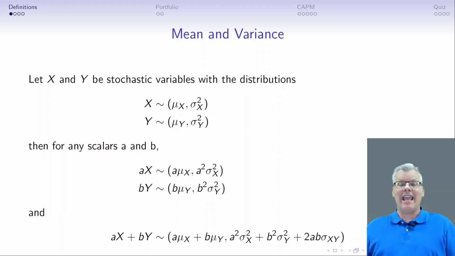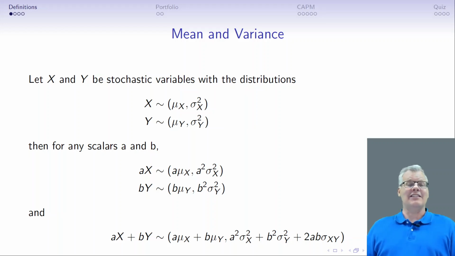For any scalars a and b, the statistical distribution of a times x will have a mean of a times the previous mean and a variance of a squared times the previous variance, right?